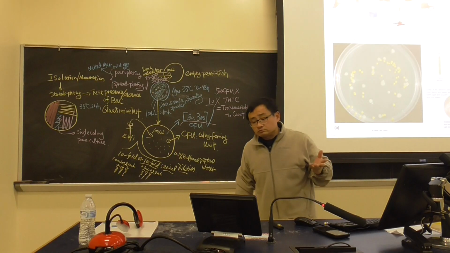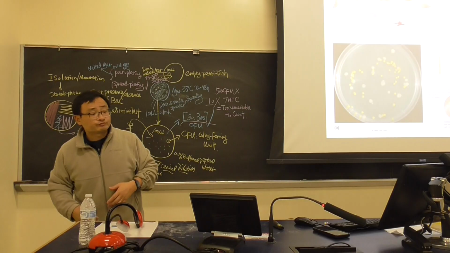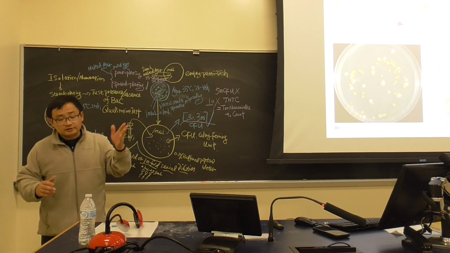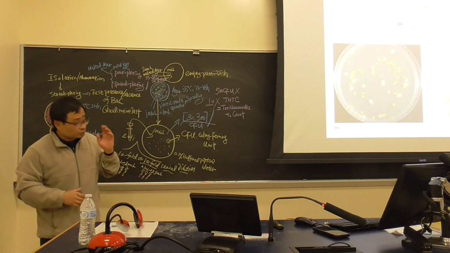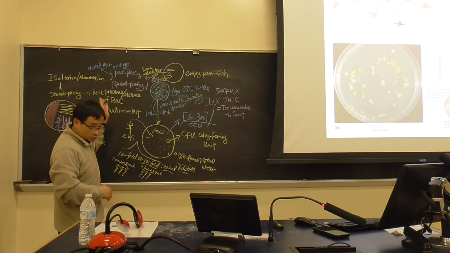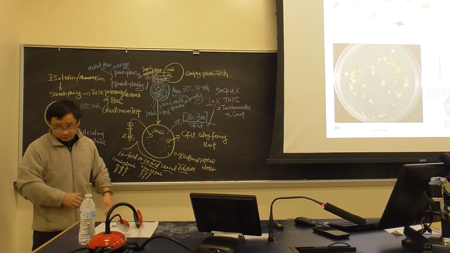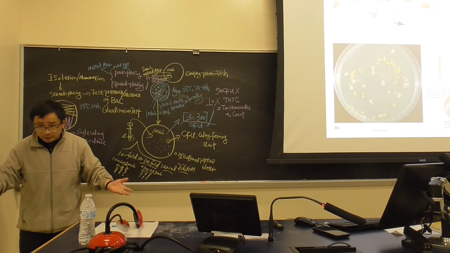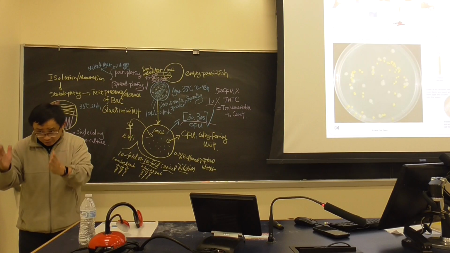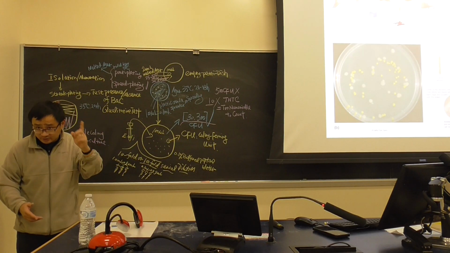So, I'd like to let you try. In early May, in our second last class, we will do spread plating, pour plating, and streak plating. Then you're going to get the colonies. Then what are we going to do with the colonies? In the last class, we're going to go to the lab. With the colonies, we could do gram stain.